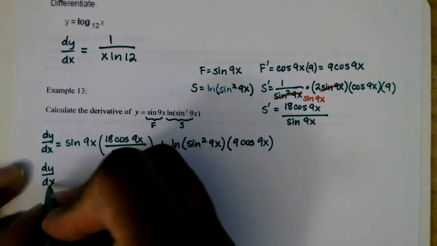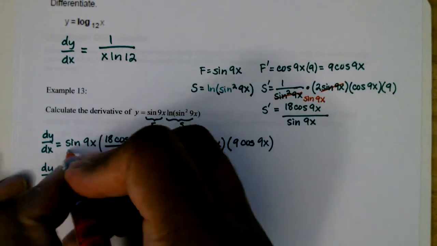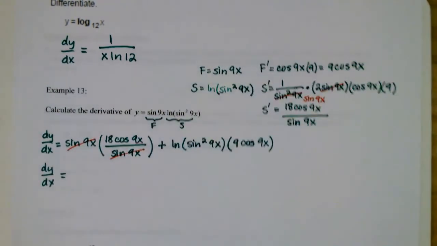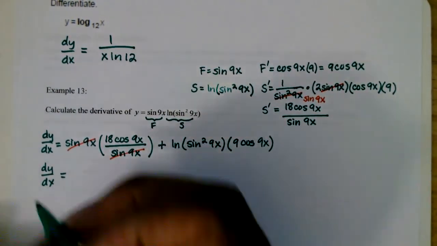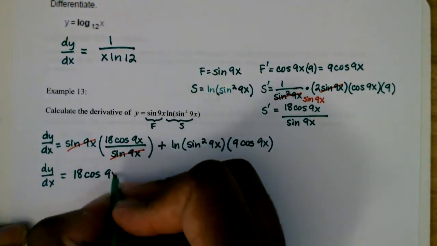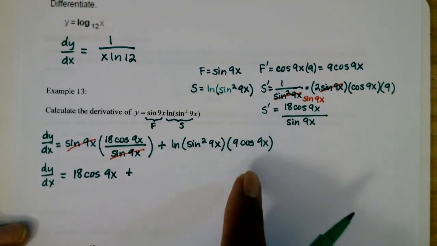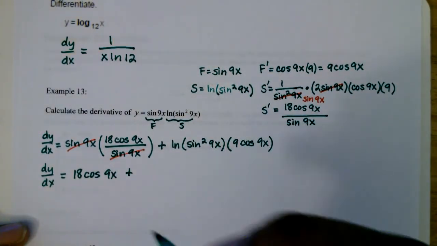All right, so now dy dx would be this. And the reason why I didn't simplify this, because notice I could divide out sine of 9x altogether. So I'm left with 18 cosine of 9x plus, and I'm going to pull the 9 in front.